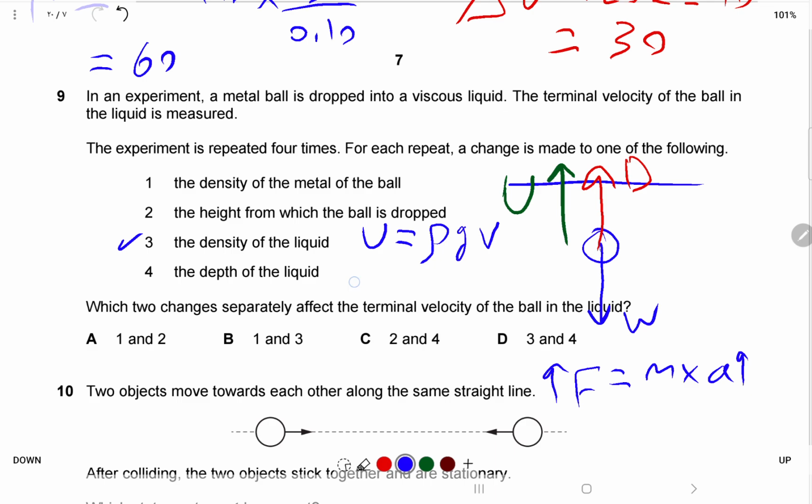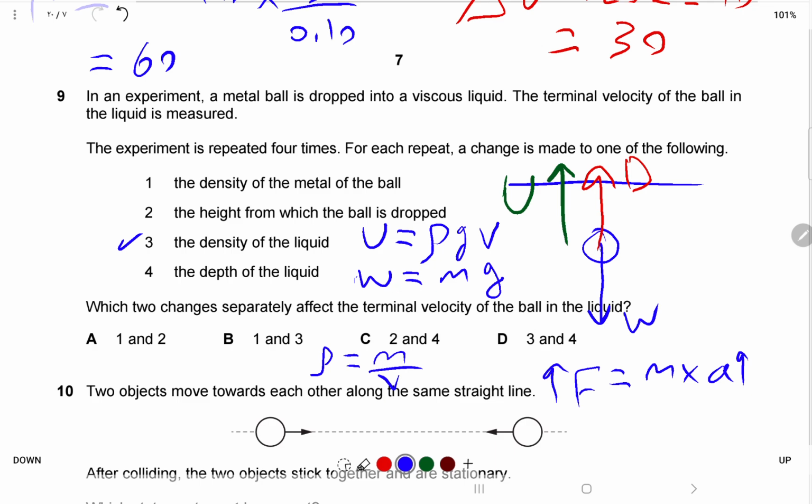Now also W is equal to mg. And W is affected by the mass. So if the mass increases or decreases, W is affected. And we know that density is equal to mass over volume. So if density changes, mass will change, and then W will change.